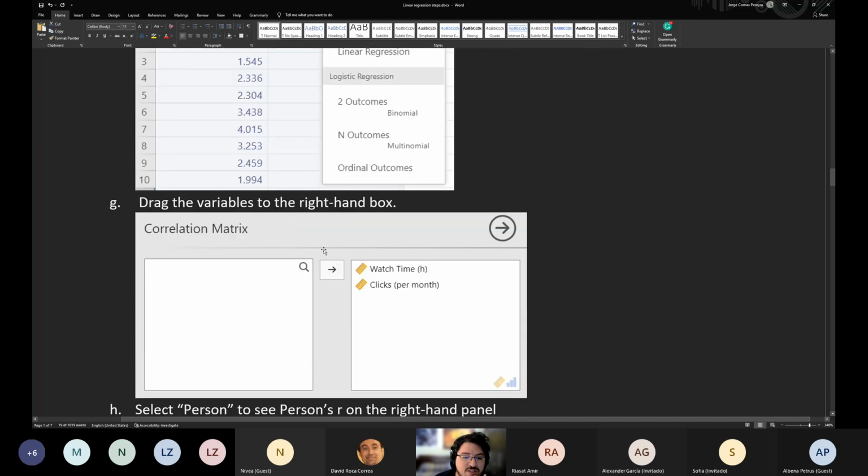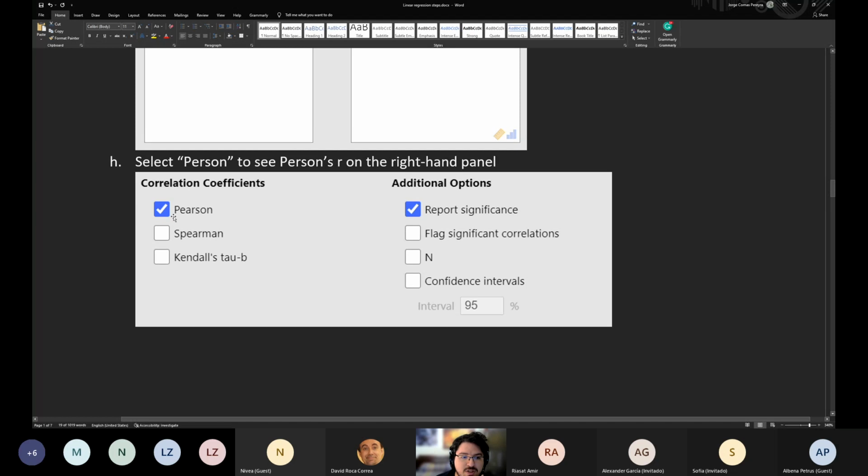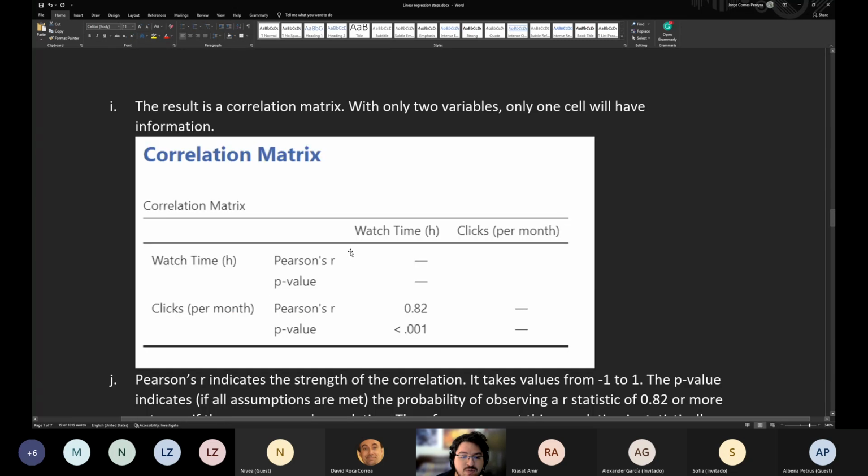In the correlation matrix, you can do it all at once. You move all your variables from the left box to the right box, and you will have, by default, the Pearson correlation coefficient and the significance for that coefficient in a table that will look like this, probably larger because you have more variables.